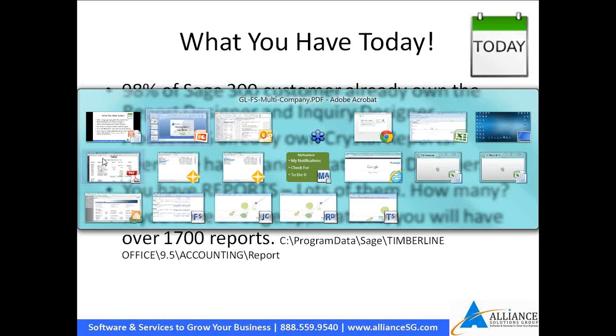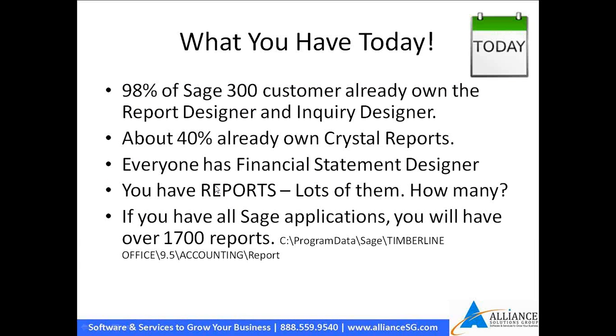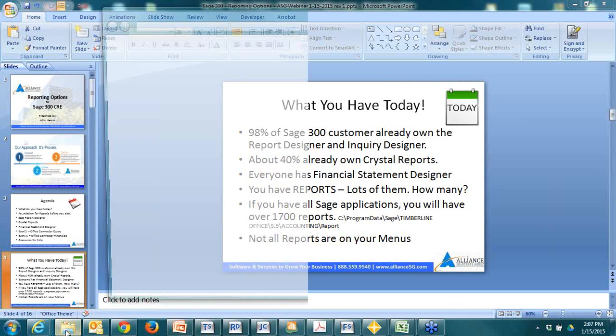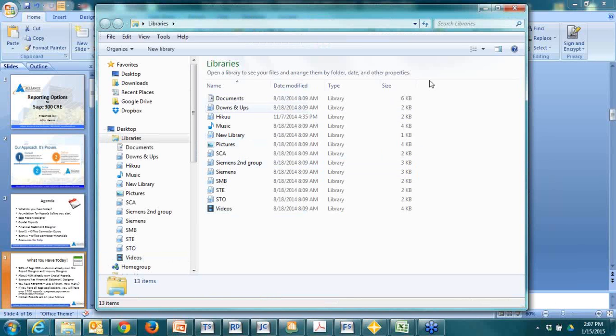Boy, I've got way too many things open here. But I do want to show you, if I can remember just where I put it. Let's see. Okay. I had this open earlier. Let's just jump out here real quick. I must have closed it earlier.